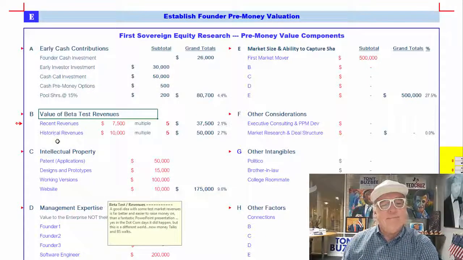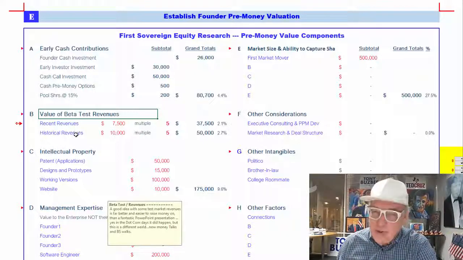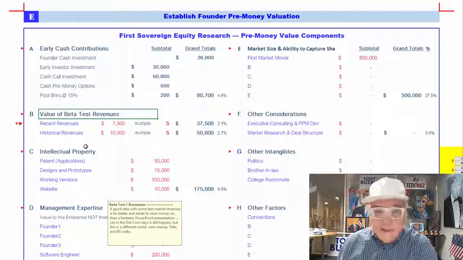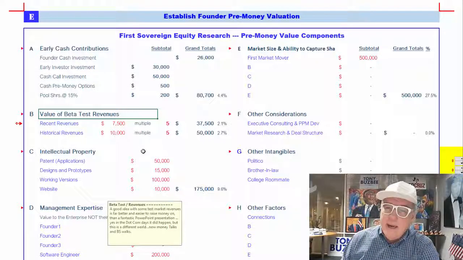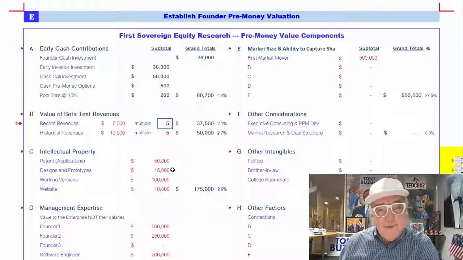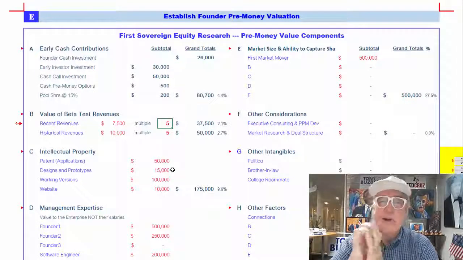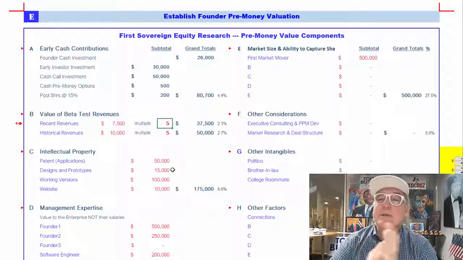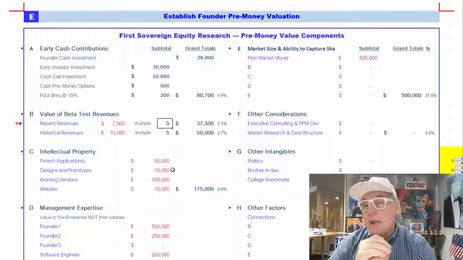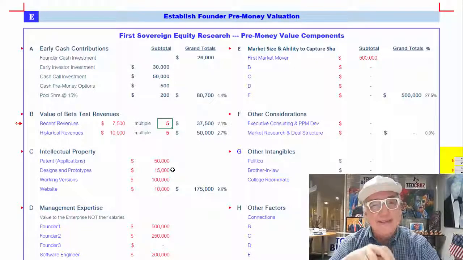Now, value of beta test revenues. These are very, very important. If you can get some kind of revenue going, please do it. Okay? And I think you could multiply the value by 5, maybe even 10. Yeah, if you sell a nickel's worth or whatever, that's not such an important thing. But if you have a larger sample, let's say you were selling something for $50 and you sold 1,000 of them, that's getting to be a significant test.